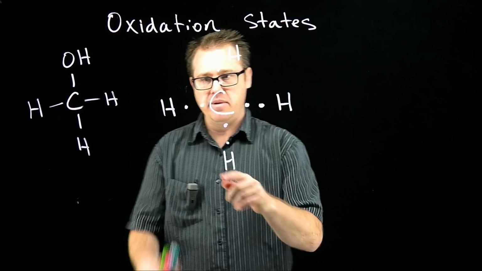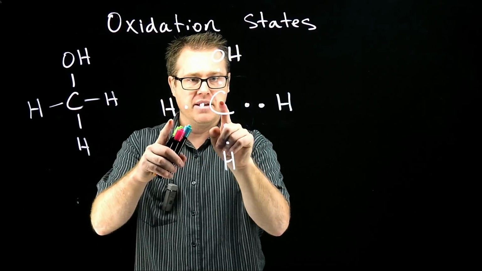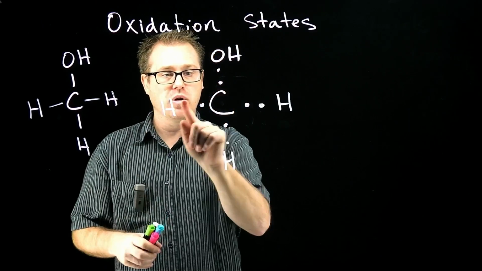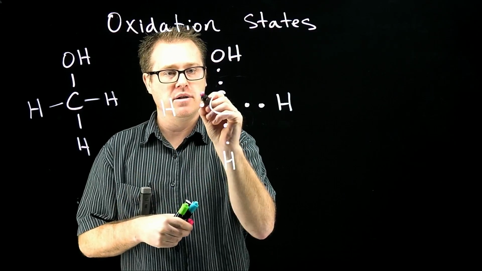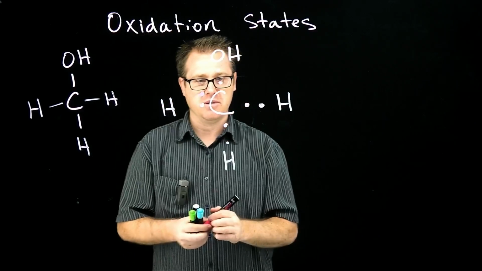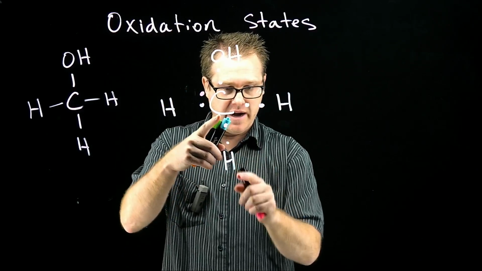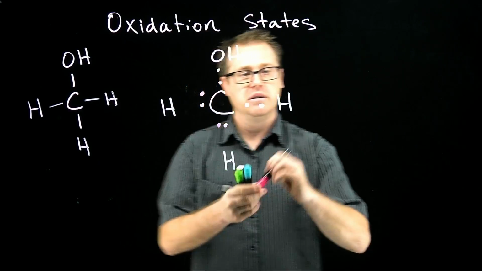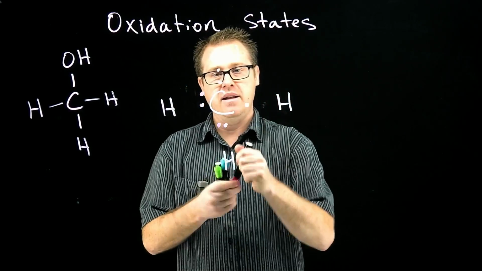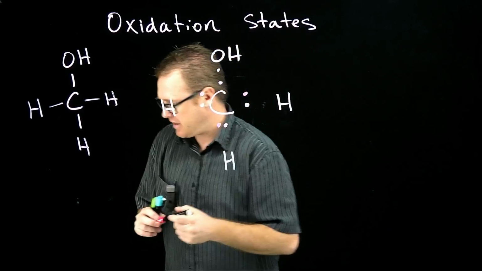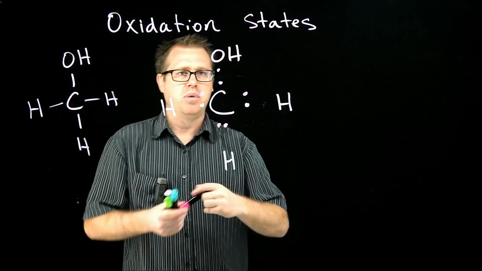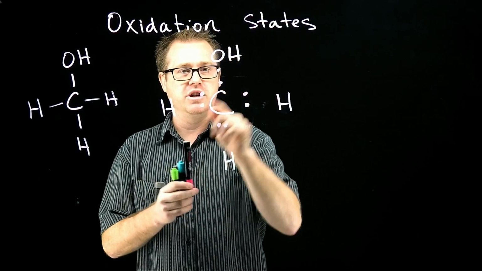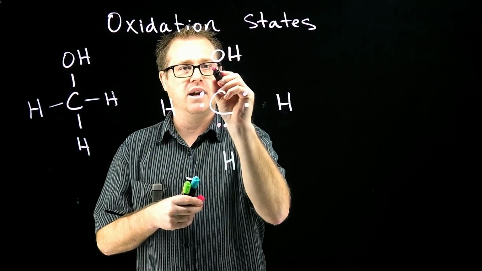Between this hydrogen and this carbon, which one's more electronegative? The carbon is. So we put all the electrons around the carbon. We do that for this carbon-hydrogen, and carbon wins again, and again here. But which one's more electronegative, oxygen or carbon? Oxygen is. So oxygen wins this time.